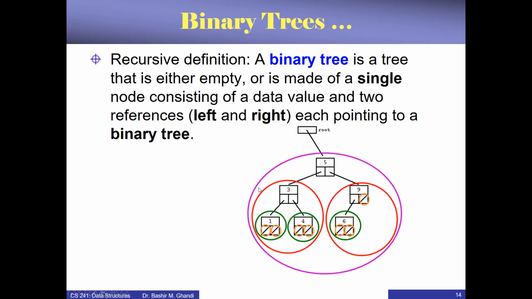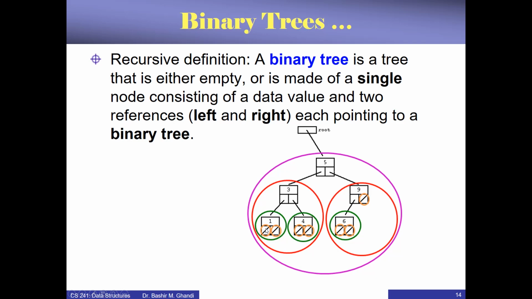Since this one inside the red circle is a binary tree, it will also have one node containing a value and references to 2 other binary trees, and so on, and the recursion will continue until we reach an empty tree. In this case, for example, the tree in green here has just one node and null references, so it doesn't have 2 subtrees.